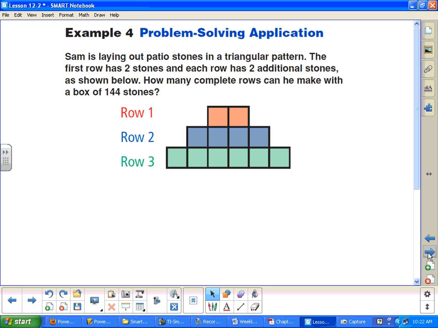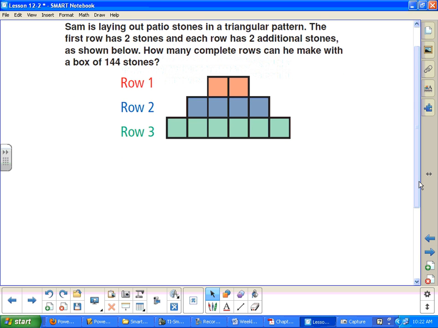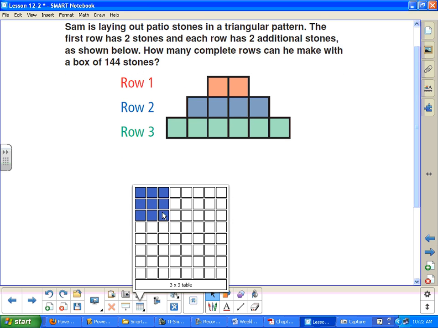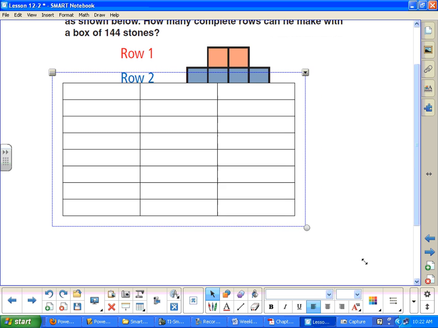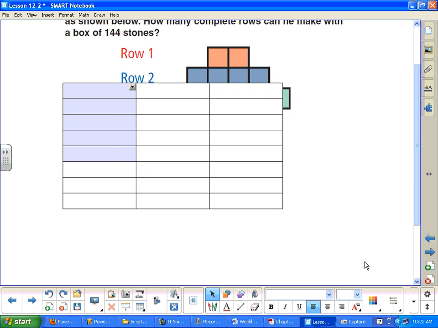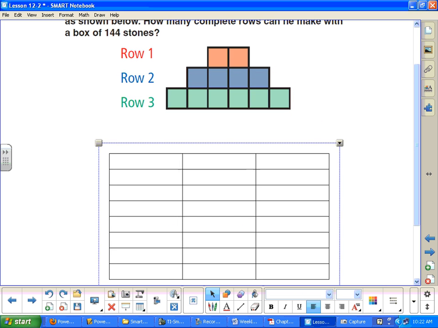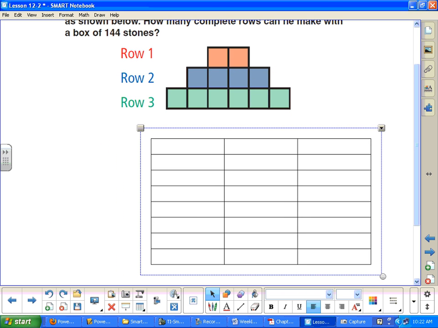Now, there's many ways to go about doing this, and the simplest way I know of doing this is just by adding and getting totals. So I'm going to make a table. And my table is actually going to have 3 columns, and I may need to expand it even.